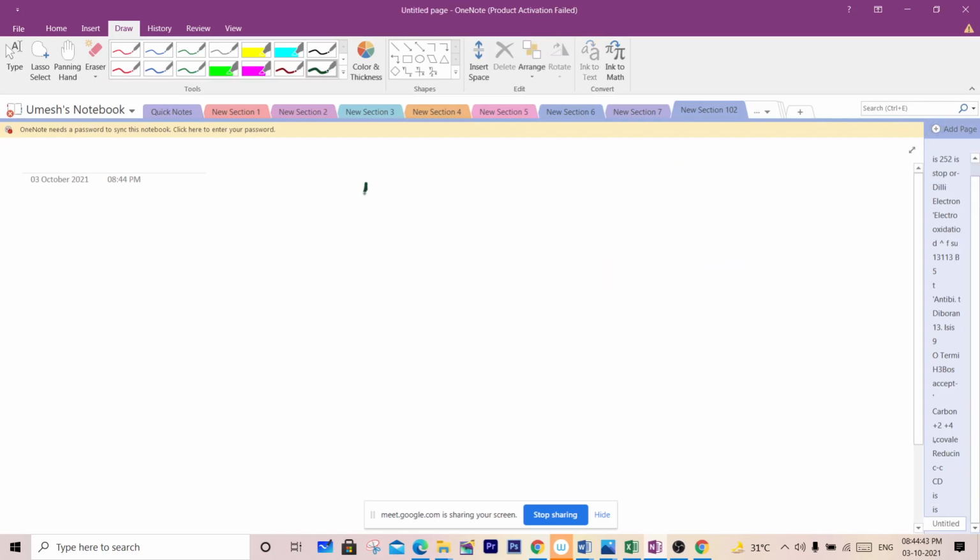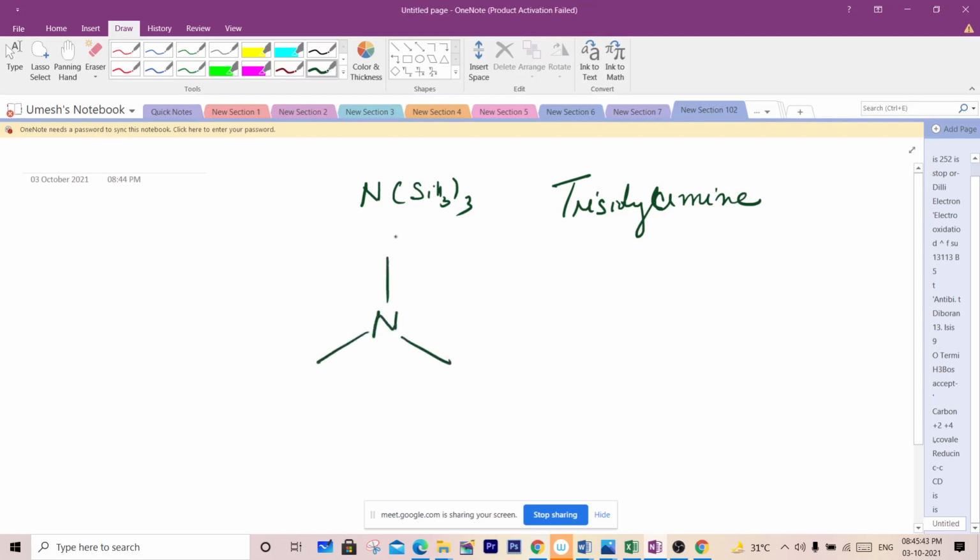But if I talk about this molecule, N(SiH3)3, it is called trisilylamine. This compound is trigonal planar.